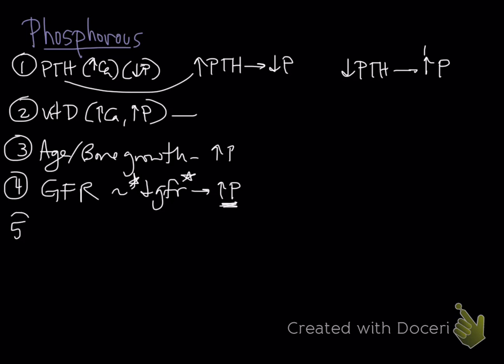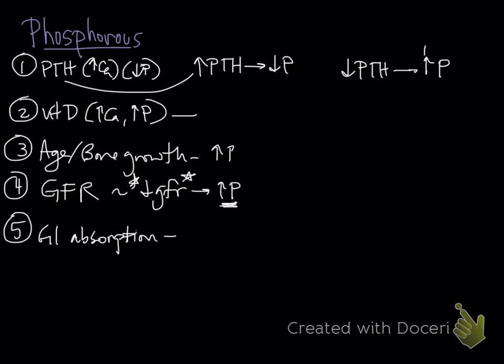So GI absorption, and this relates to vitamin D above. GI absorption and certainly diet are going to impact phosphorus. If it's under vitamin D, it's going to increase GI absorption. But again, since dietary phosphorus is very high, it's not like we need to absorb a tremendous amount of phosphorus.